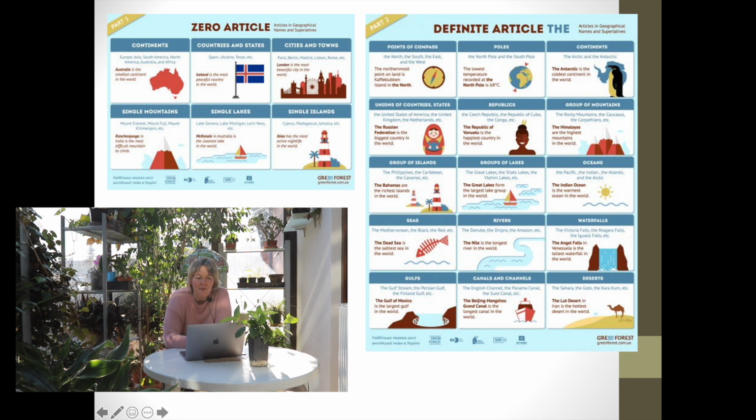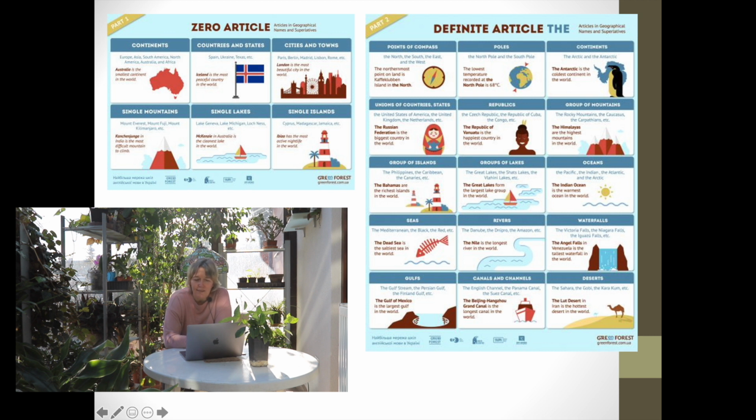So individual mountains do not have it. Groups of mountains, yes, the Himalayas, the Pennines, the Grampians. Single lakes don't have it, like Loch Lomond. They usually have this lake thing, Loch Lomond, Lough Neagh, if you remember. But groups of lakes, absolutely, the Great Lakes, or the Scottish lakes, for example.